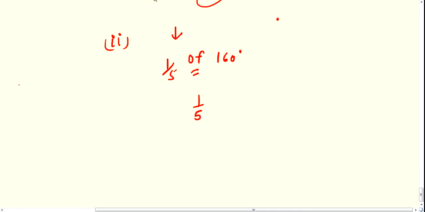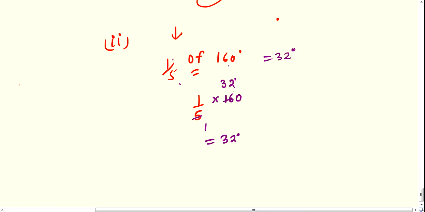As you know, of stands for multiplication. So into 160. Then 5 1 ja 5, 5 3 ja 15, 5 3 ja 15. 1 remaining here, this 0 will become 10, 5 2 ja 10. So we got here 32 degree. So simply 1 by 5 of 160 equals to 32 degree.